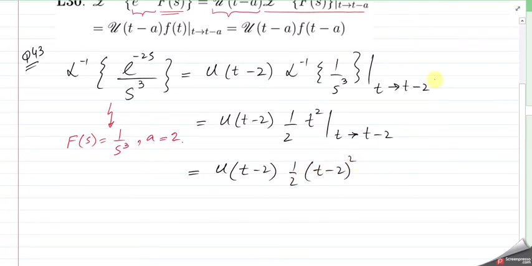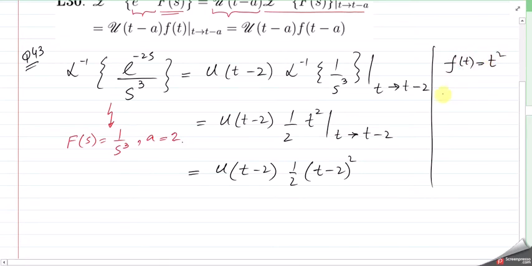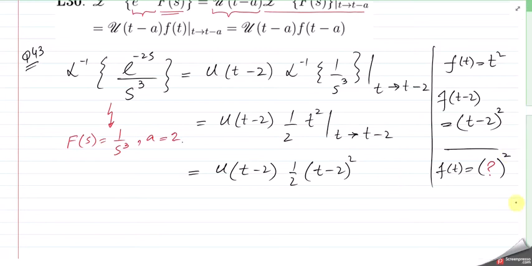As I hope you remember, we have done this before: if f of t is t square, then f of t minus 2 is t minus 2 square. So this minus 2 should go inside the square. We treat f of t as t square, and that's where we put t minus 2. We replace t with t minus 2. Okay? All right.